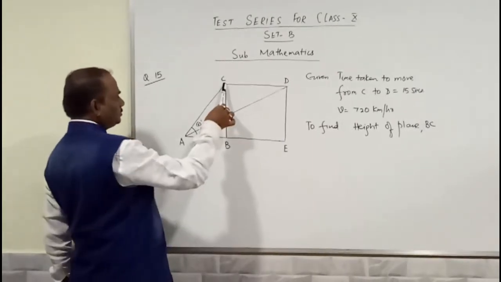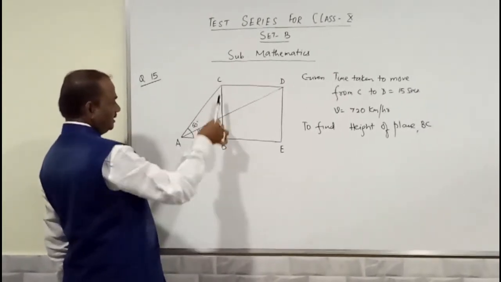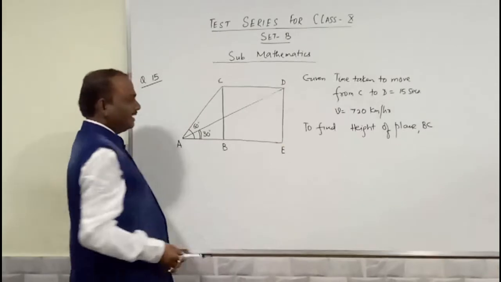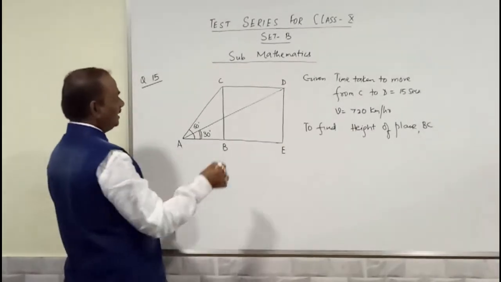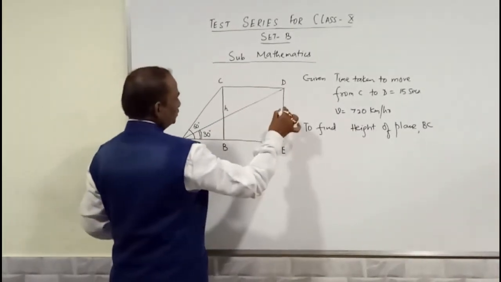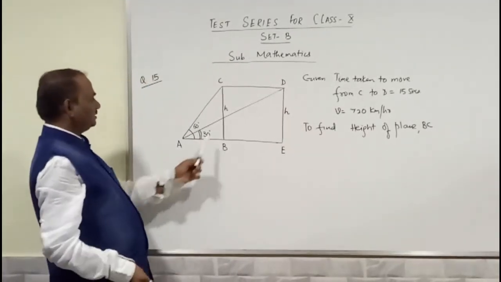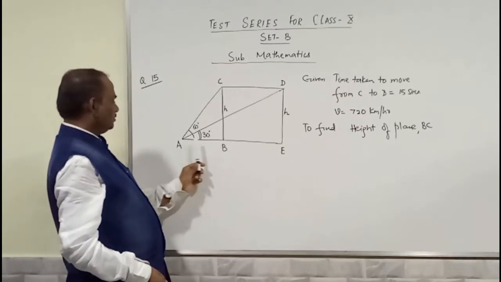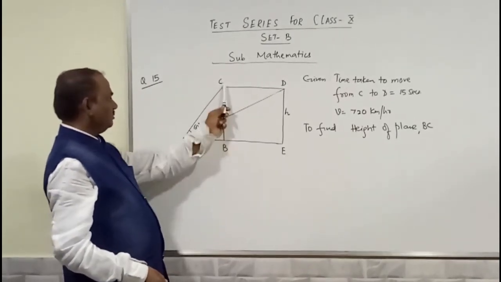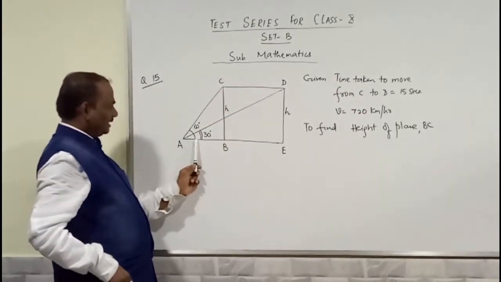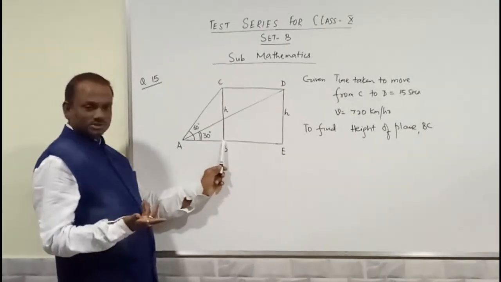Now if I need to find this CB or DE, which are both heights, I just write them as h, just to make my work easier. If I want to find this, I need to use triangle ABC, where I know one angle. If I know the value of AB, my job is done.